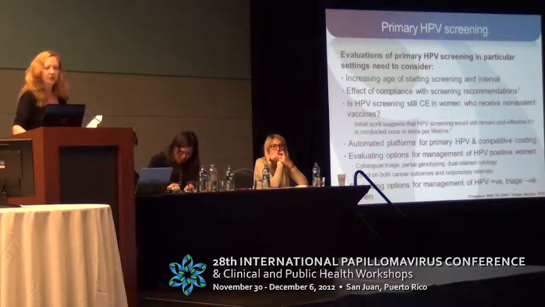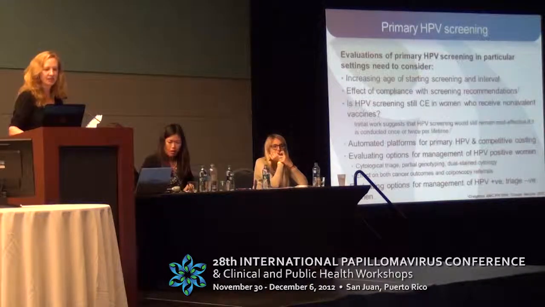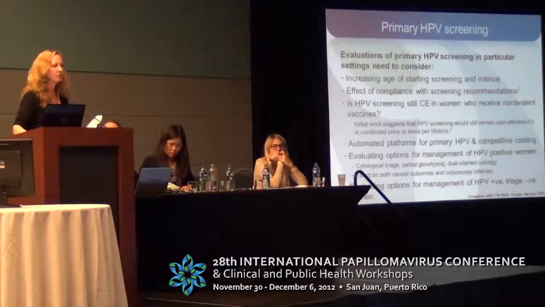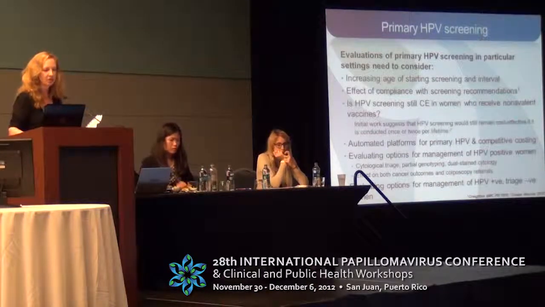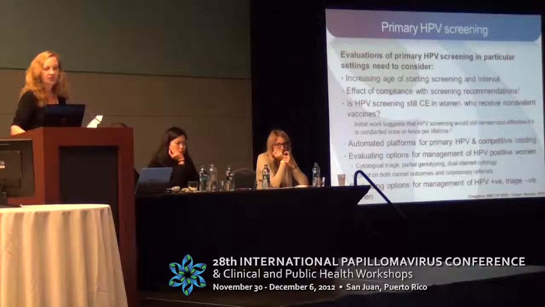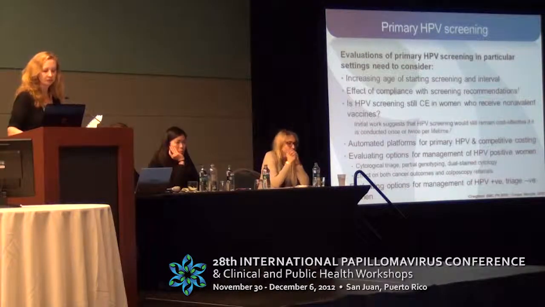And a number of options have been considered and floated so far, and these include cytological triage of all oncogenic types, partial genotyping for HPV 16 and 18, where these women could be referred, for example, directly to colposcopy, and newer technologies such as dual stain cytology.